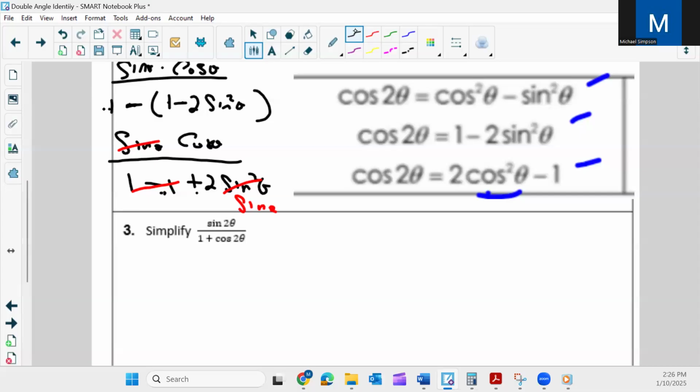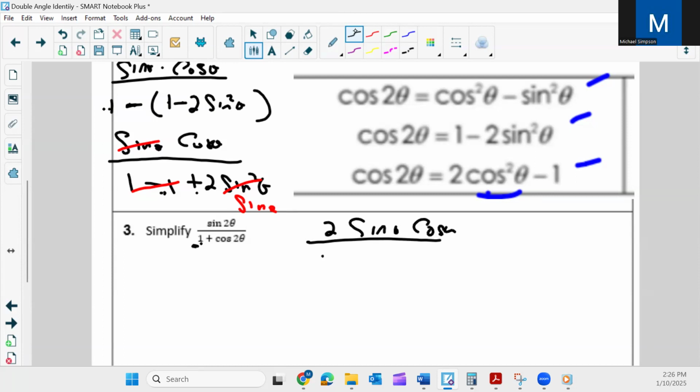So real quick before the bell goes off, sine 2 theta is going to be 2 sine theta cosine theta, good? And then you recognize now I have to cancel this 1 right here.